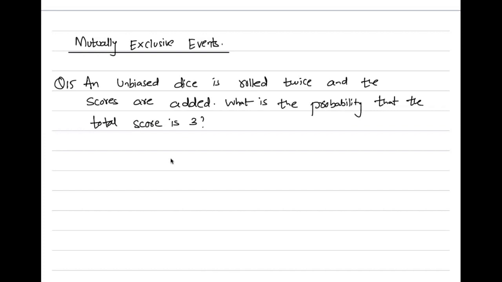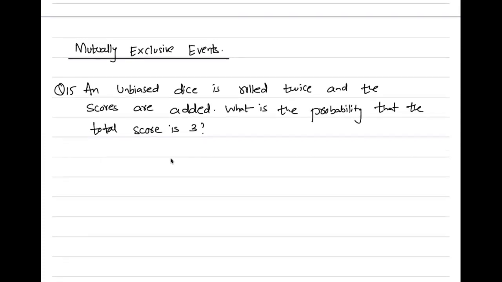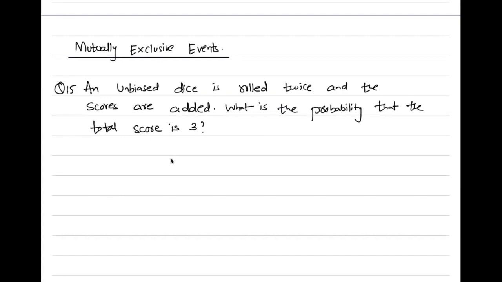So if there are two events, for example, event A and event B, and you are being asked the probability of A or B, A or B means either A can occur or B can occur. They cannot occur at the same time. So the probability of A or B is going to be equal to the probability of A plus the probability of B.